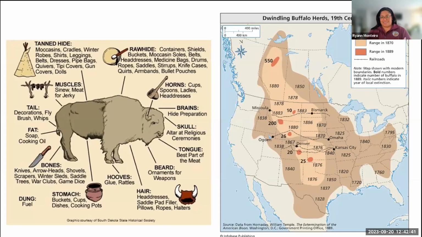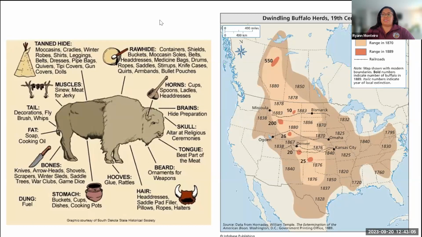But what does the bison mean to the people that have been stewarding and taking care of the bison for thousands of years? And so on the left, we see all of the different uses of bison, and this doesn't even include the spiritual and the cultural significance of this animal.